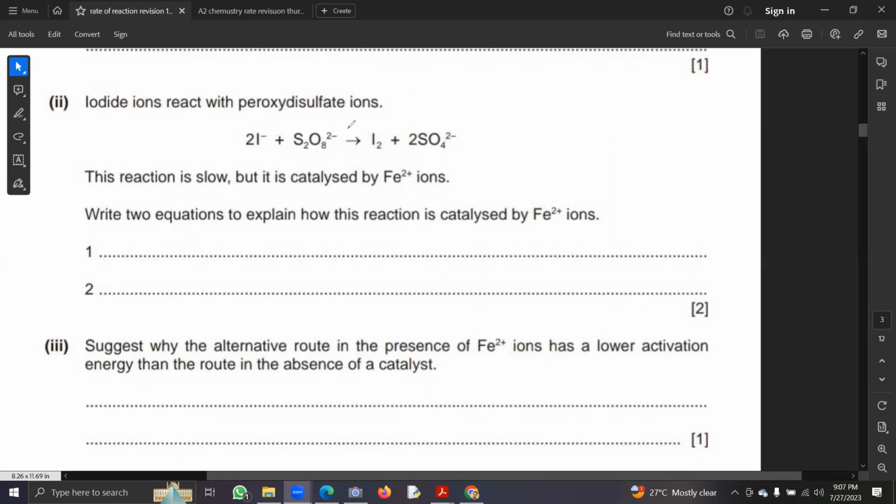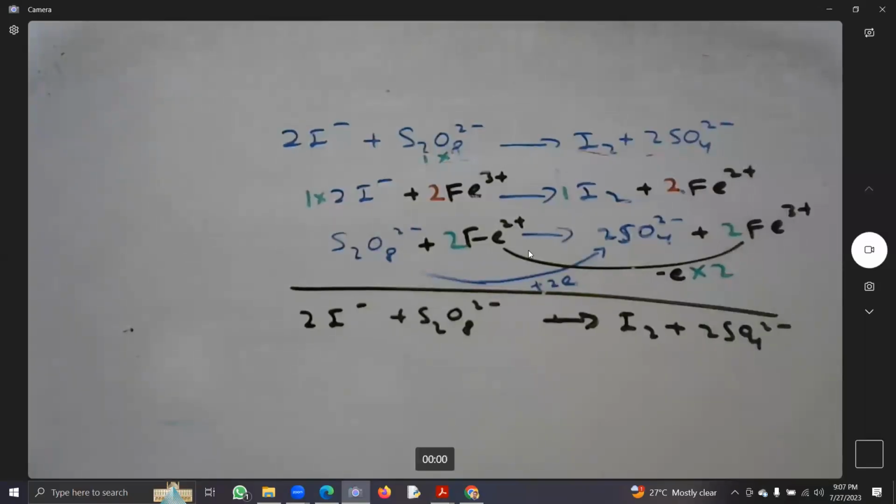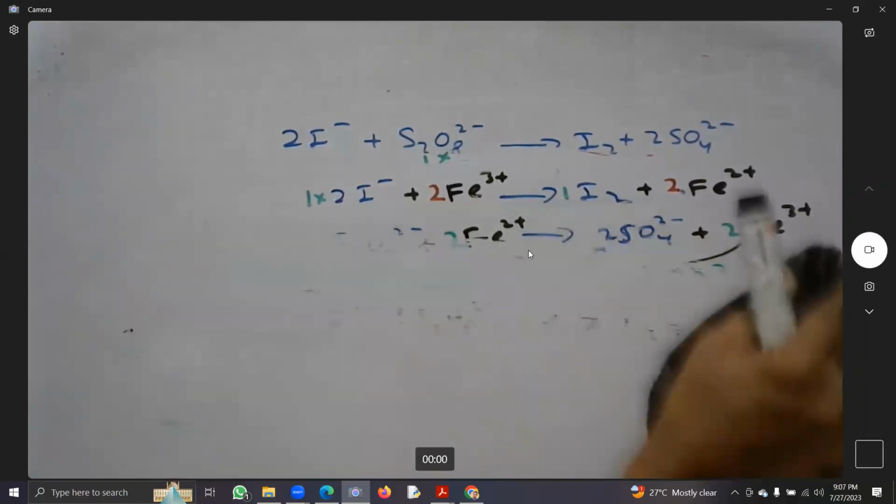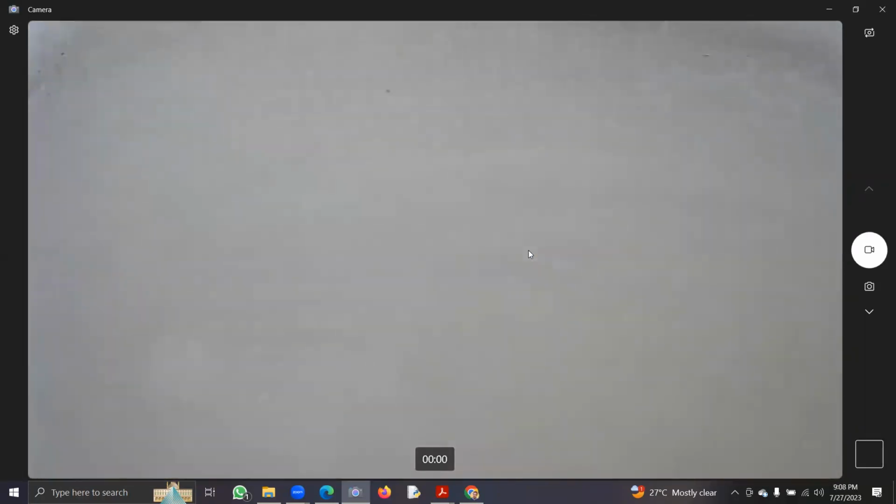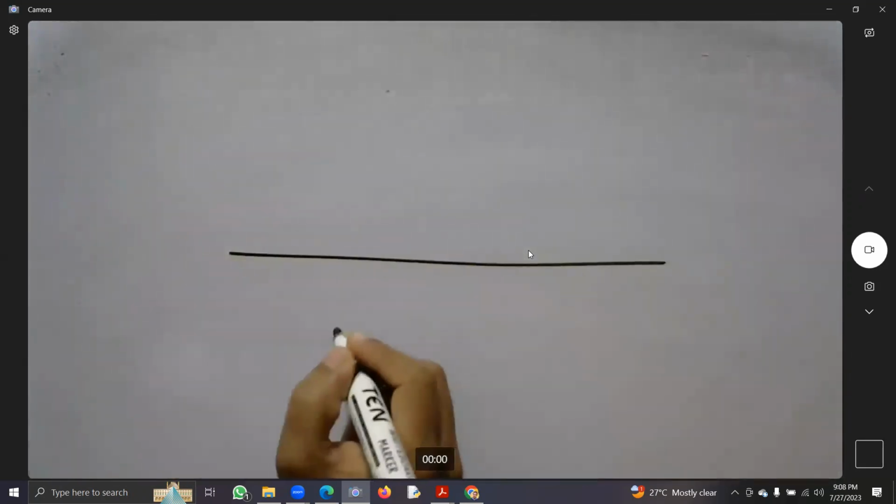Now there's a rule like this. These are called surface catalysts. The surface catalyst will act like this. This is 1 mark, so we don't need to write the full story for 1 mark. This is how a surface catalyst will act.